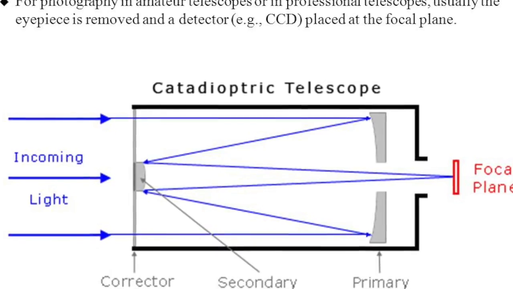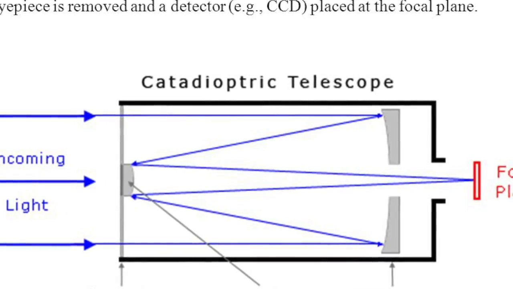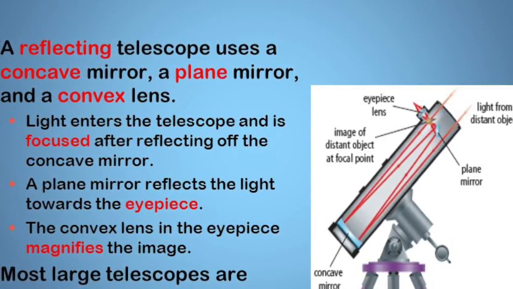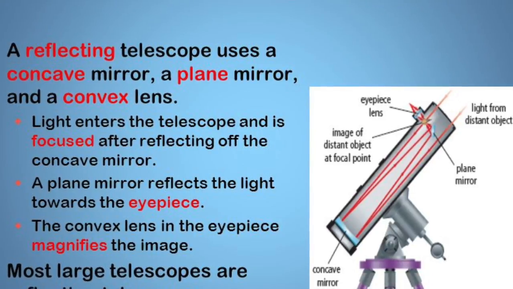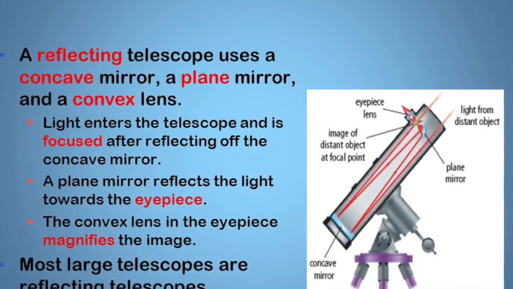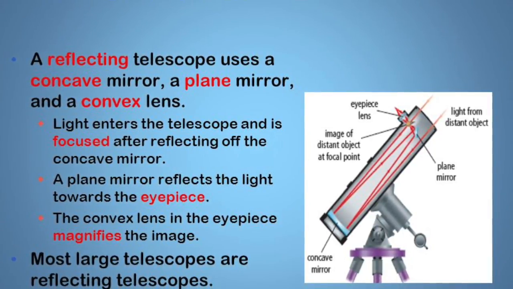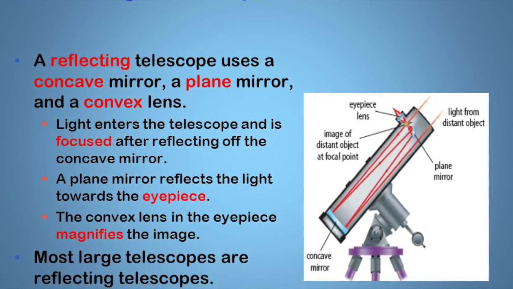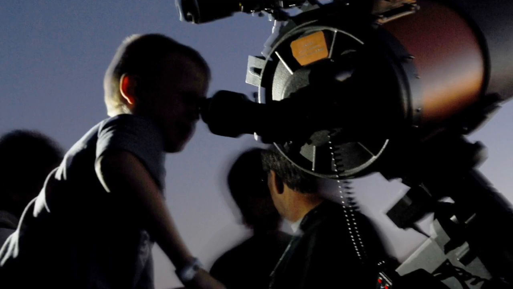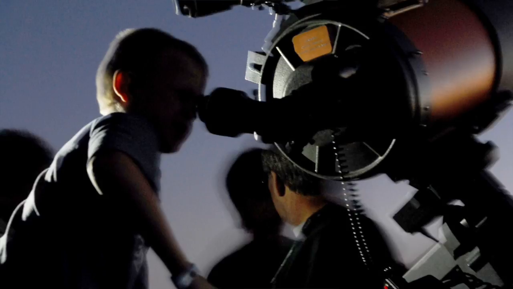The lens in a refracting telescope and the mirror in a reflecting telescope both act as a collector of light. Reflecting and refracting telescopes must have a large collector, either a lens or a mirror, in order to gather as much light as possible from the distant object. The collector then focuses the light into an image. As you learned in Conduct an Investigation 8b, the farther the image is from the lens, the greater the magnification.